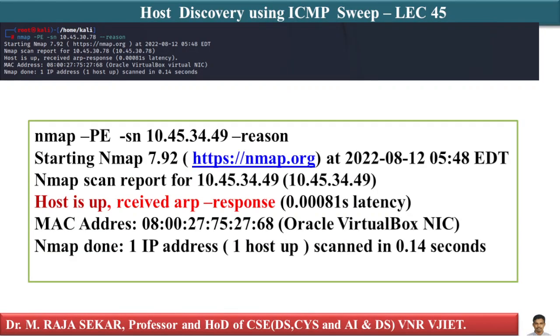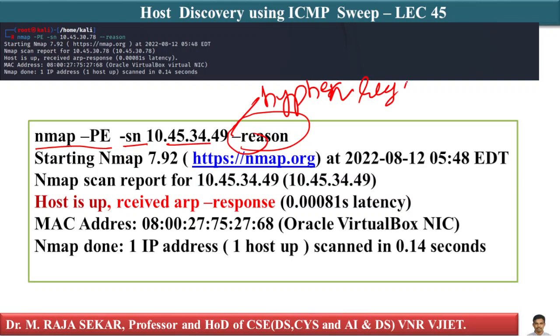How will I write it? Just see. This is the nmap command, nmap -PE -sn. This is the reason option, hyphen reason, isn't it?